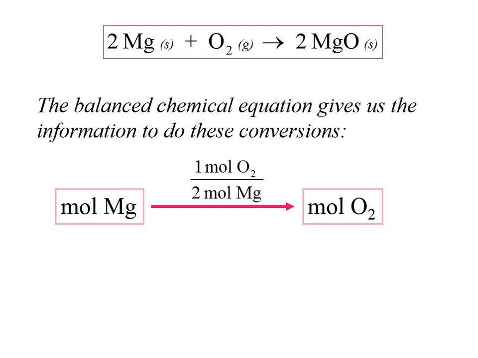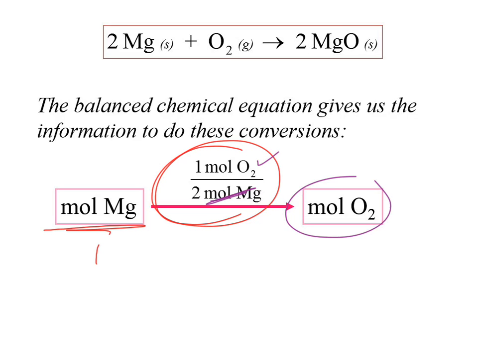Here in a minute when I work it, I'm going to start with that 0.245 moles of magnesium over 1. And you see where if I pick this stoichiometric ratio, the units of moles of magnesium are going to cancel. I'm going to be left with units of moles of O2, which is what I'm getting to. Okay, so that works great.